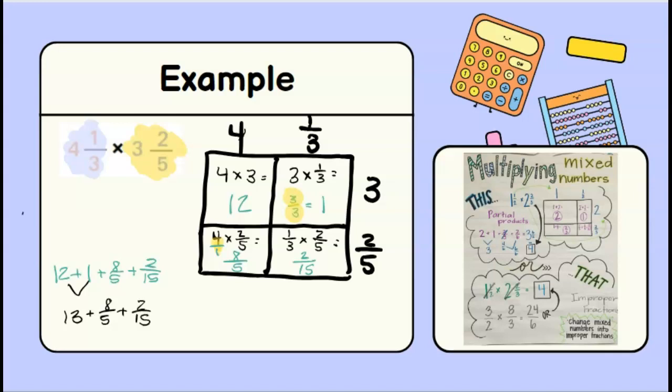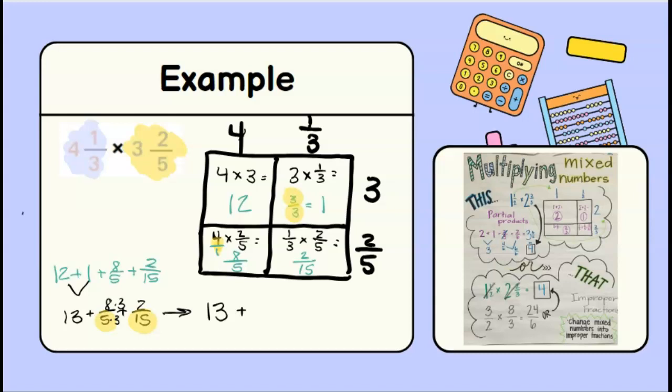To add fractions, remember I need to find my least common multiple. I know that 5 can be multiplied to create 15 when I multiply it by 3. Whatever I do to the bottom, I have to do to the top.